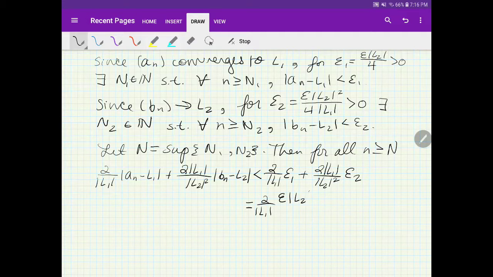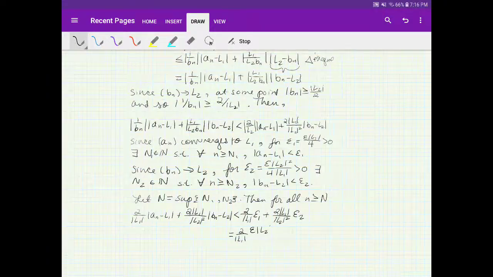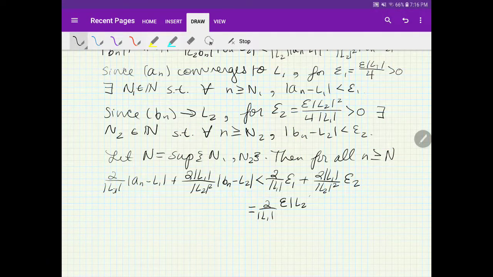So that's equal to, if we plug stuff in, 2 over the absolute value of L2 times epsilon times the absolute value of L2 over 4 plus 2 times the absolute value of L1 over L2 squared times epsilon times L2 squared over 4L1.